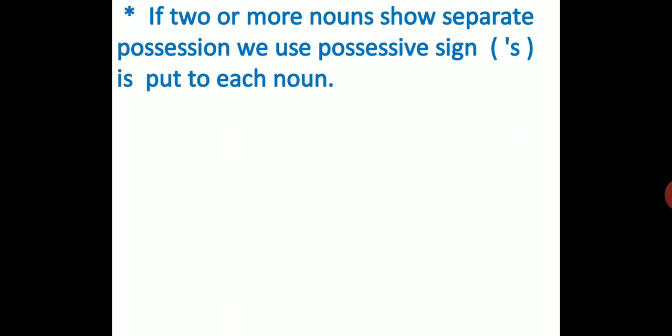It means that both nouns have separate things, separate owners. Then we use apostrophe s after both names. Let's see the examples and get clarity for this rule.